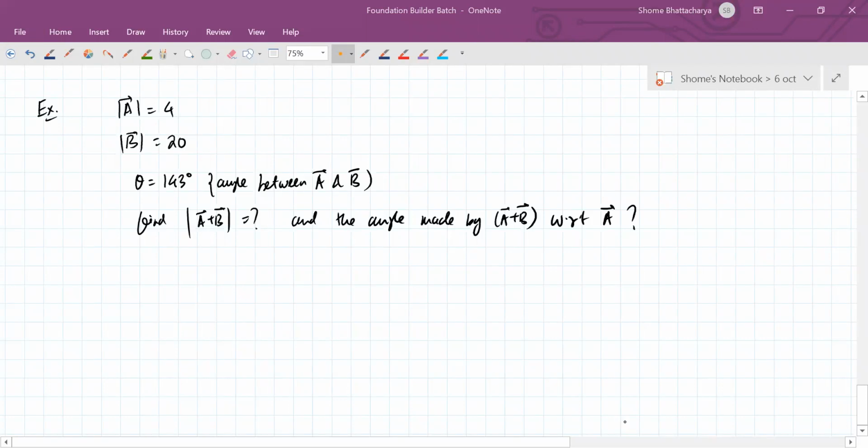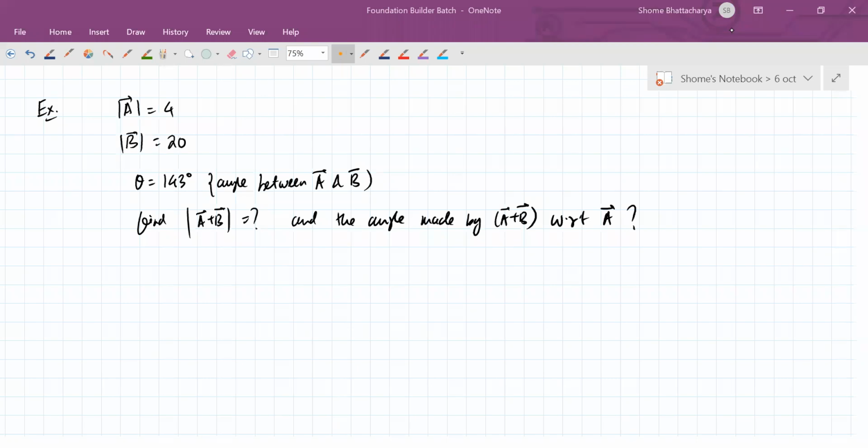So anybody got the answer for this? Please let me know. Unfortunately not correct, Rupesh.